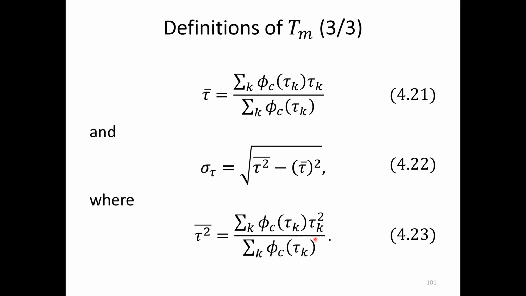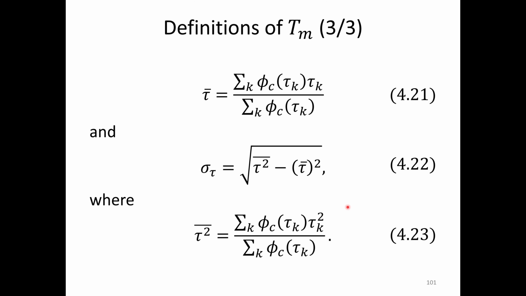Compare equation 4.21 and 4.23. You can see that the only difference between them is that here is tau k and here is tau k square. This is the only difference.